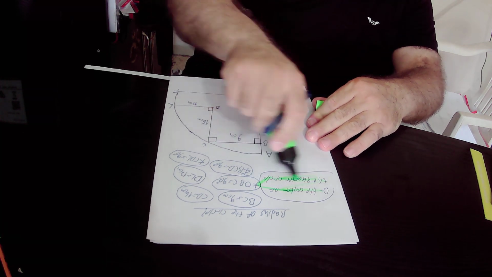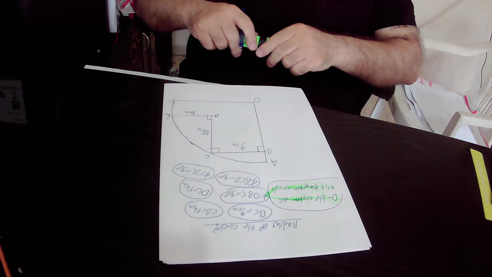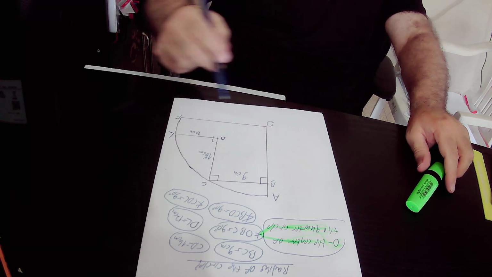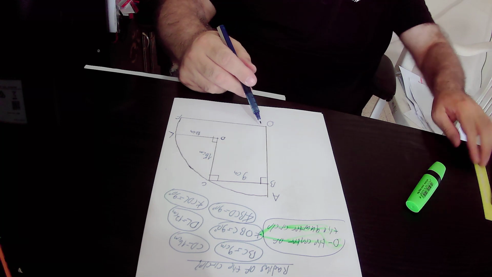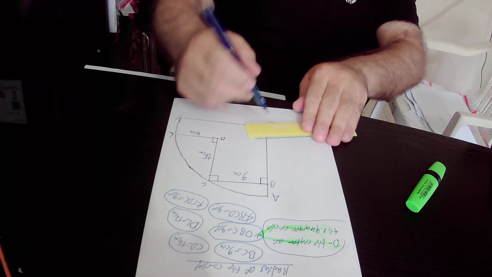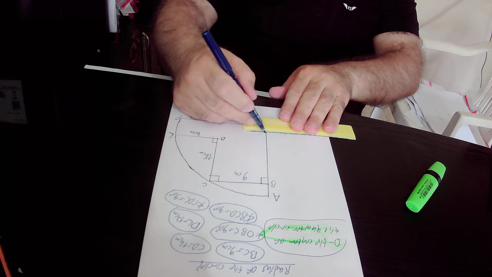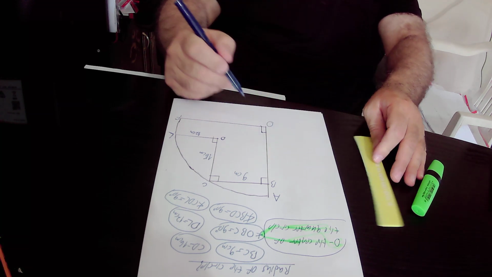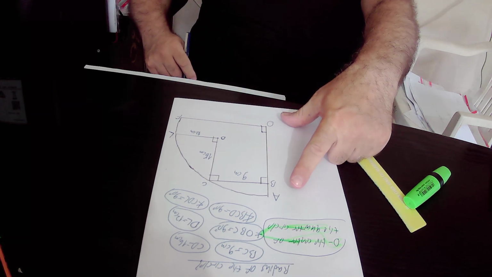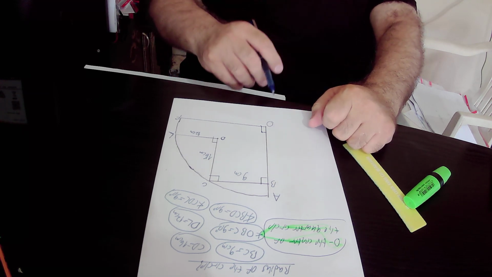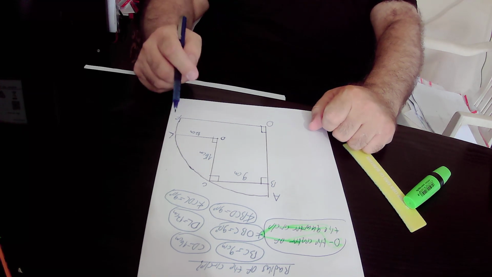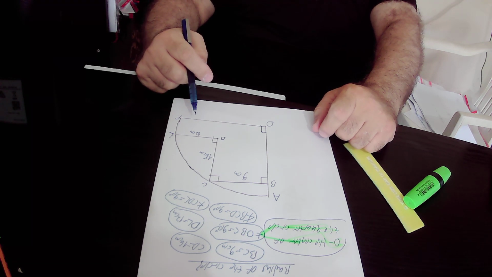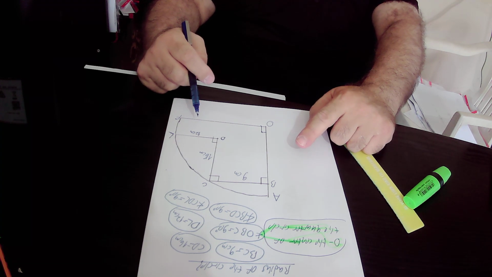And angle BOF, this angle, is equal to 90 degrees. And also side AO is equal to side OF, and both sides are the radii of this quarter circle.